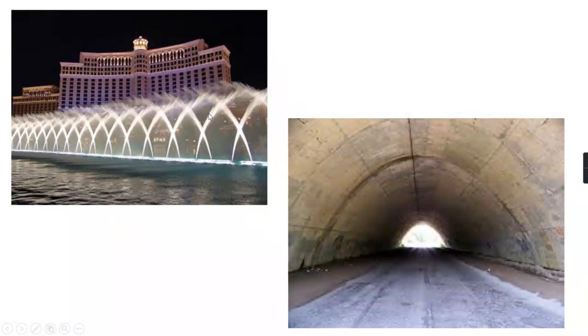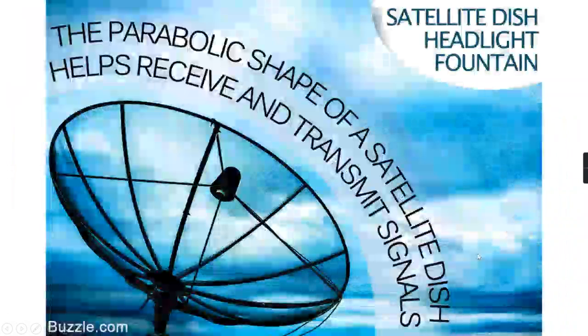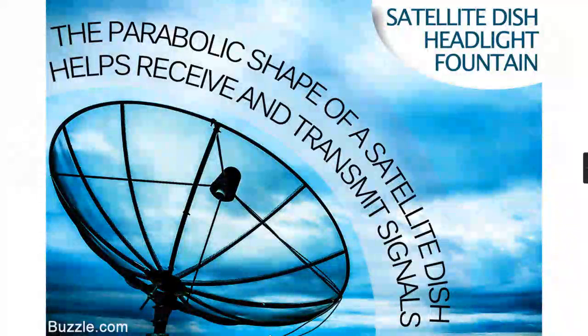Here you can see the fountains making a parabolic curve, and here is a tunnel having parabolic curves. It is a satellite dish, and you can see how the parabolic shape is.